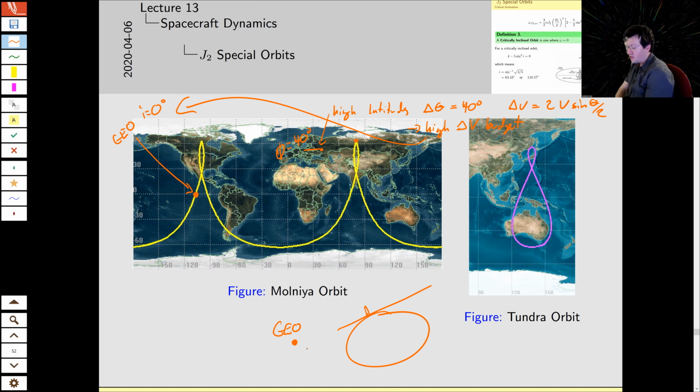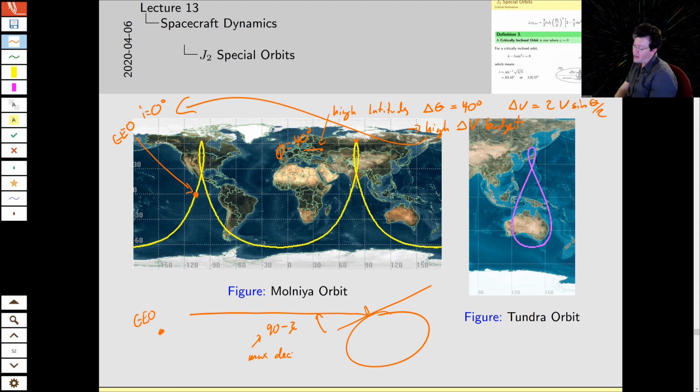You get pretty crummy coverage, even if we put our GEO way out here, so that the maximum declination in the sky that you're going to see that GEO orbit is going to be limited by your latitude. So it'll be like 90 minus latitude. So let's see, at latitude of 90 degrees, it would be 0. So that would be the maximum declination.